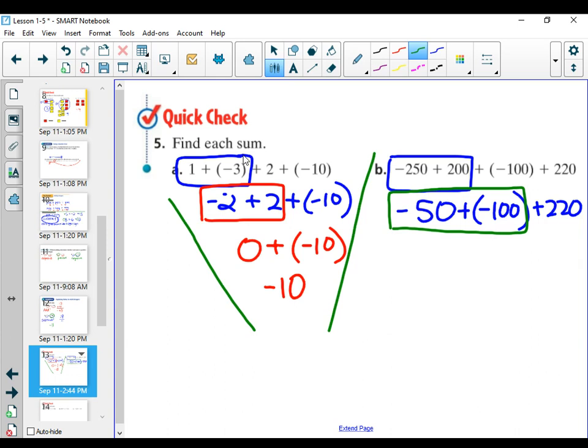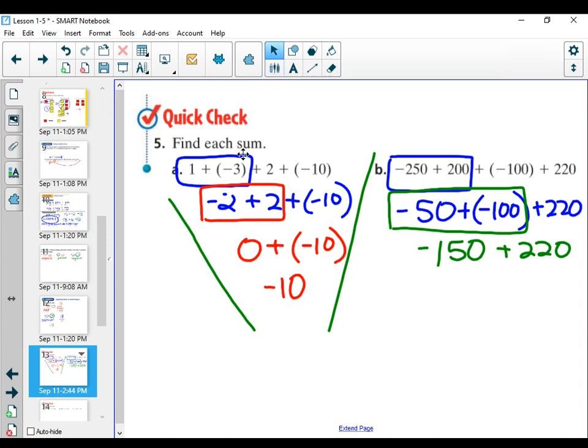Same signs, I will add. 50 negatives in one pile, 100 negatives in the other pile, a huge pile of negatives. Different signs, I will subtract. More positives means my answer is positive.